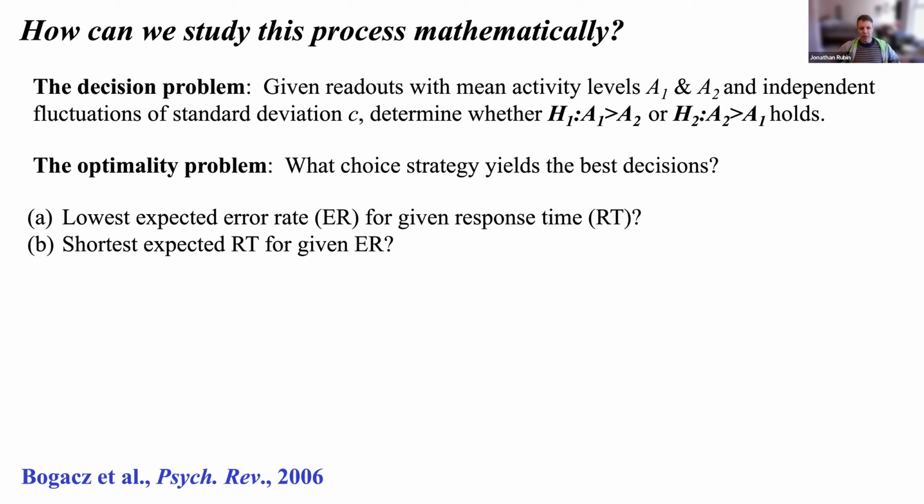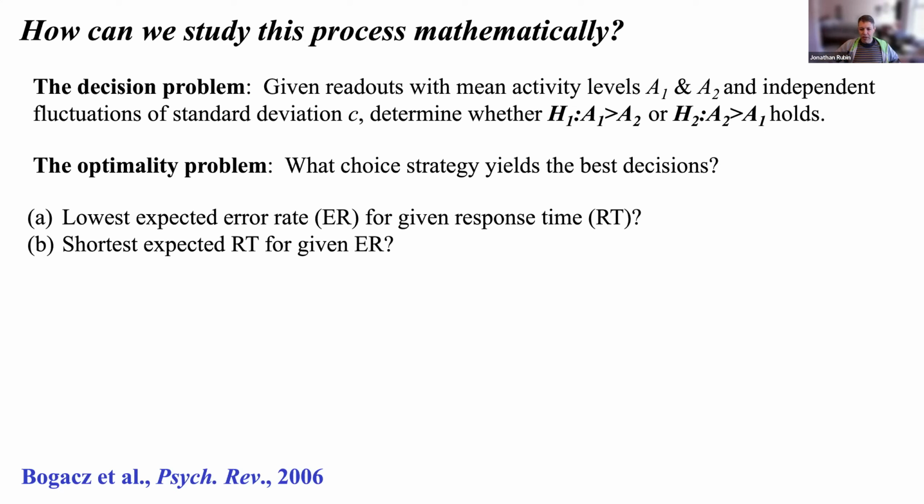One way to think about this process is what I've called the decision problem here. Let's imagine that we have readouts corresponding to some visual system component being driven to register leftward movement, and another such component responding to rightward movement.